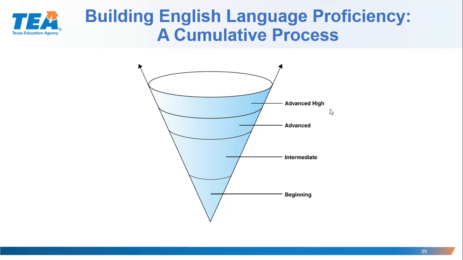Without appropriate instruction, for example, some second language learners may experience a plateau at the intermediate or advanced level. These students need carefully targeted linguistic support to help them attain the level of English they need to make the learning of academic concepts easier.